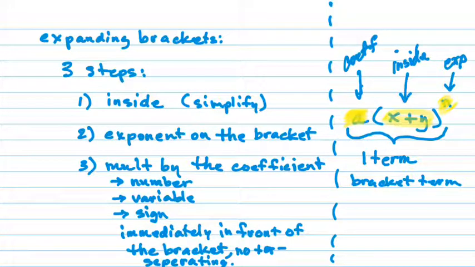Inside, then what? Exponent, then what? Coefficient. In that order. Which one is the most common that you'll be doing the most? The coefficient is the most common. But don't just jump to it first, because if you do, you can really create yourself some problems, especially if there's an exponent. The inside is more flexible, but the exponent is totally inflexible.